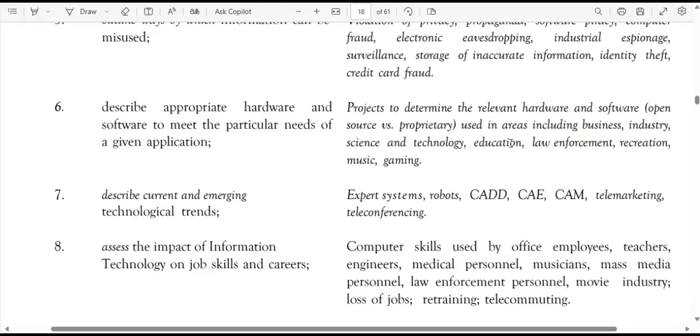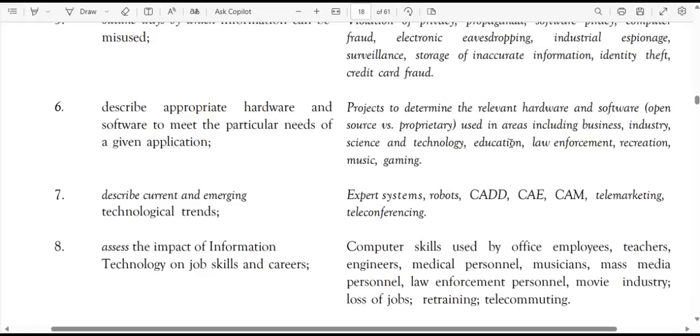The hardware that would be used in a manufacturing or production industry would be robots, sensors, barcode scanners, etc. The software in terms of proprietary includes SAP or AutoCAD. When it's open source, it's like Odoo or FreeCAD.